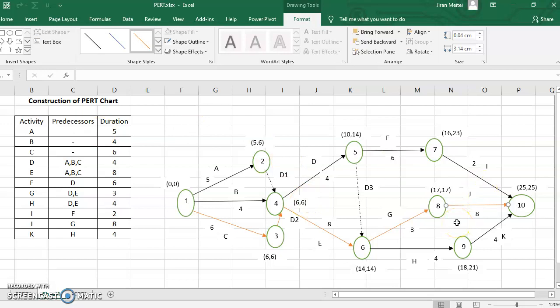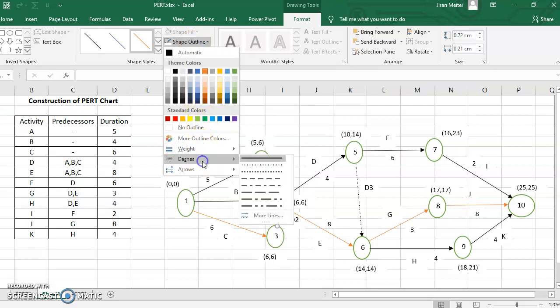It's all a matter of practice and skill. So the more you practice, the better and faster you construct it. Please do more practice so that you are able to construct a network in a better way, in a faster way. And also remember, the lesser the number of dummies that you use, the better the network is.